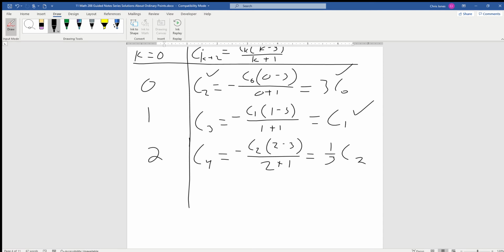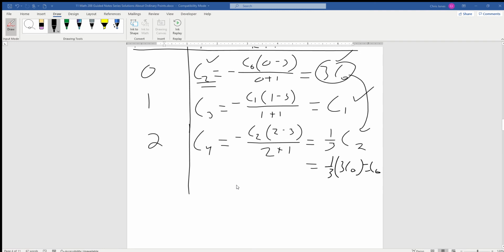But recall that C2 was equal to 3C0. So we get 1/3 times 3C0, which is C0. That works out really nicely for us. It seems like this one's working out really well, and it's even going to work out better.